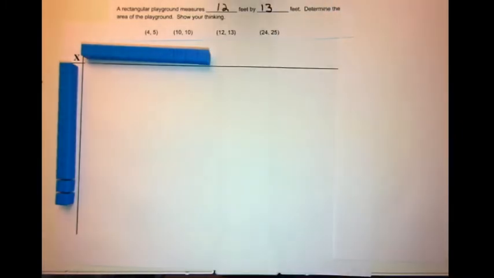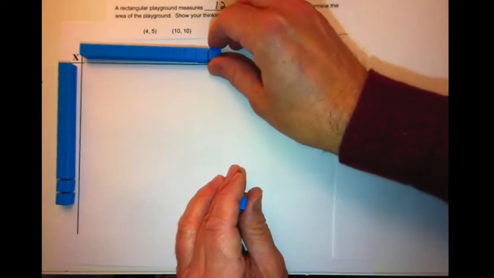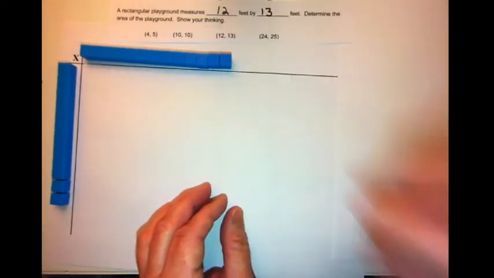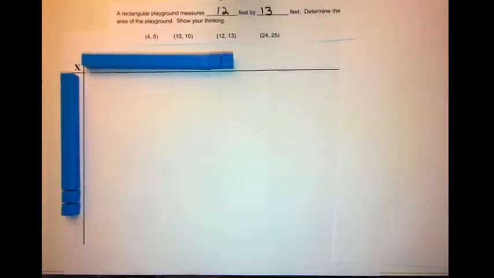1, 2, 3, so 13 feet. So I have 12 feet by 13 feet. And I want to know the area of this playground. So I need to build in this rectangular area here. So I need to think about what size pieces may help me.